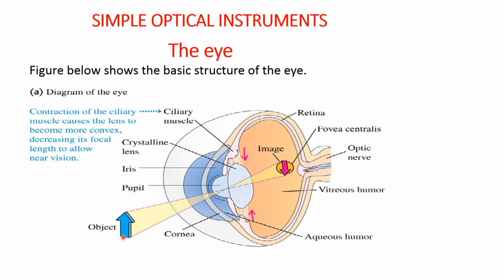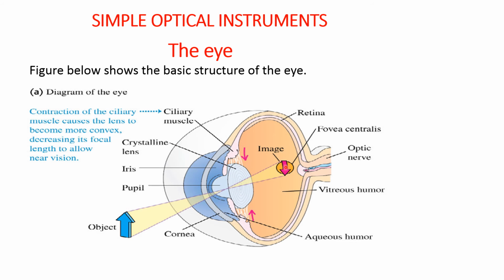Then if this is an object, the light rays come from the object and reach the crystalline lens, and the lens refracts the light and forms images according to the refraction of light, the crystalline lens of the eye being a converging lens.